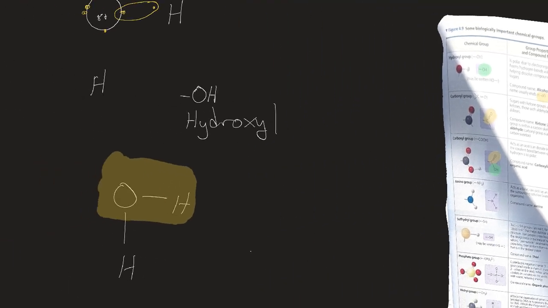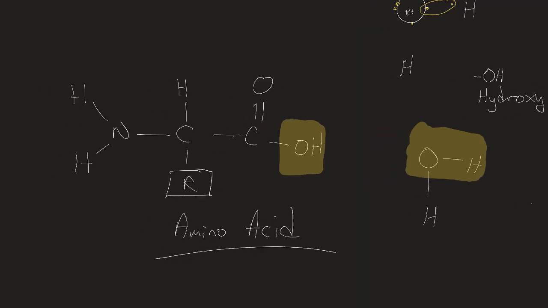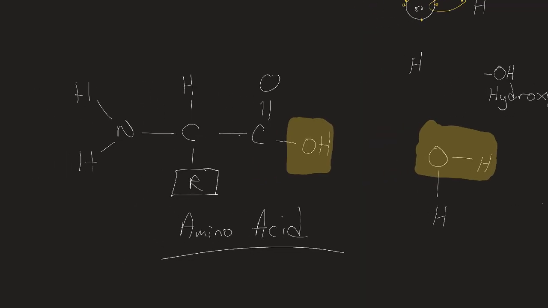Well, that's the acid part in the amino acid. So here you have the carbonyl with the hydroxyl together, you make a carboxyl or carboxylic acid.